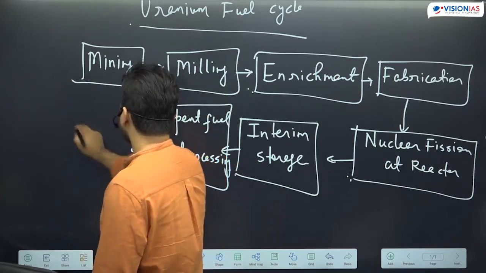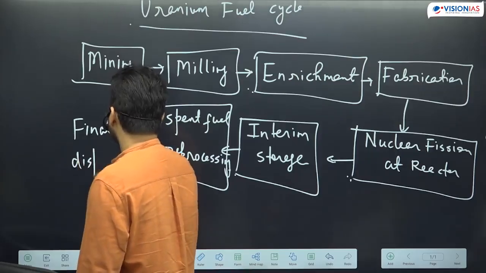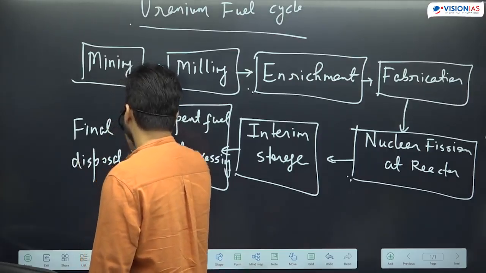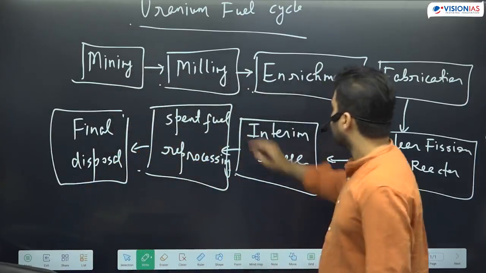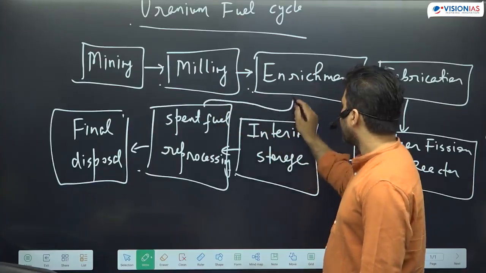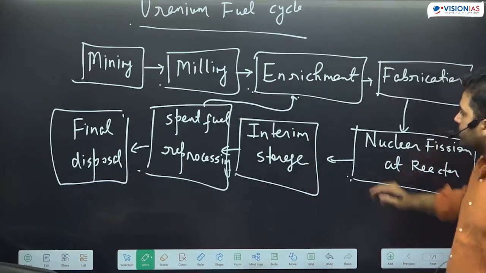Final disposal. You can make an arrow like this also, from spent fuel reprocessing to enrichment.